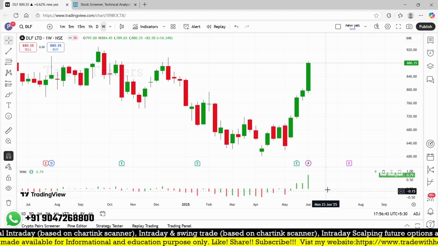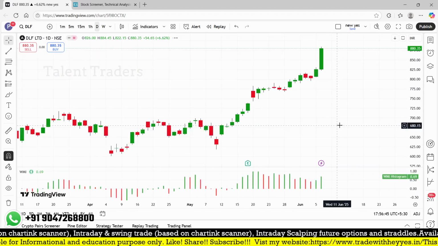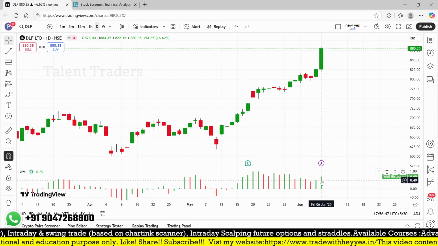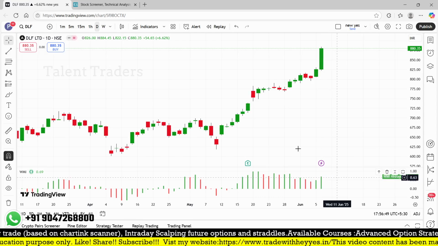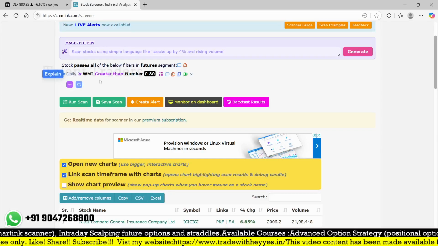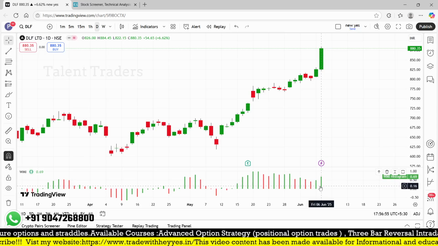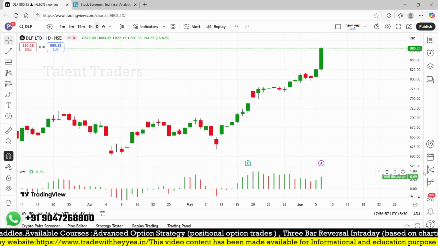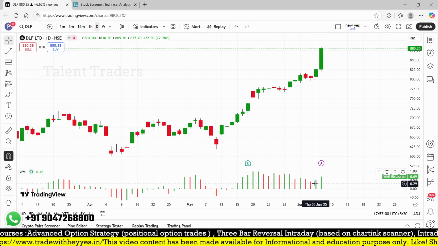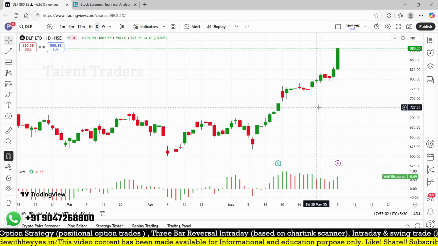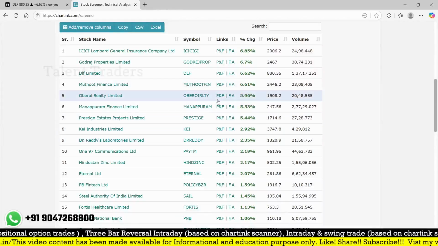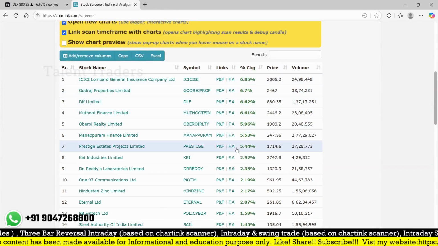This is also on a weekly time frame, so let's try daily. Daily the value is somewhere around 69, where you have calculated greater than 80 daily. Then for 80 to 69, we need to check whether it works. But if you're seeing higher values, it is giving some good movement.